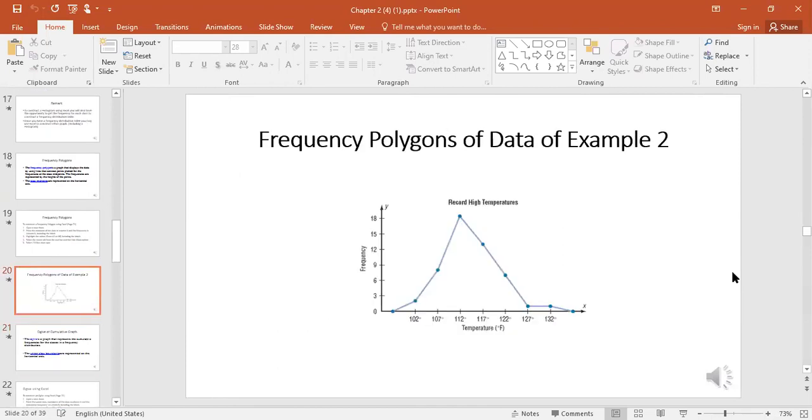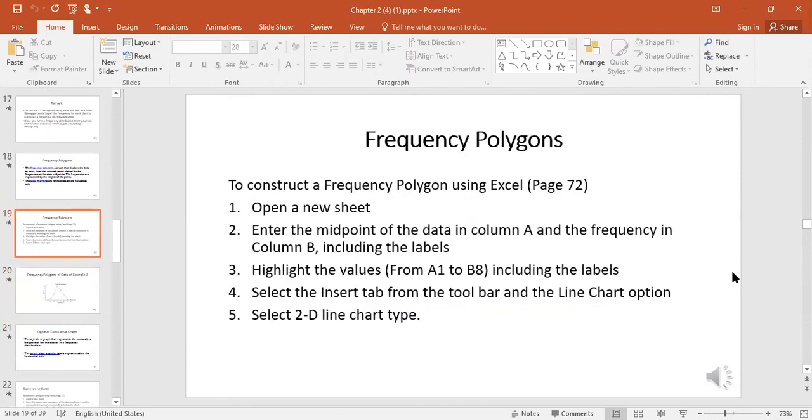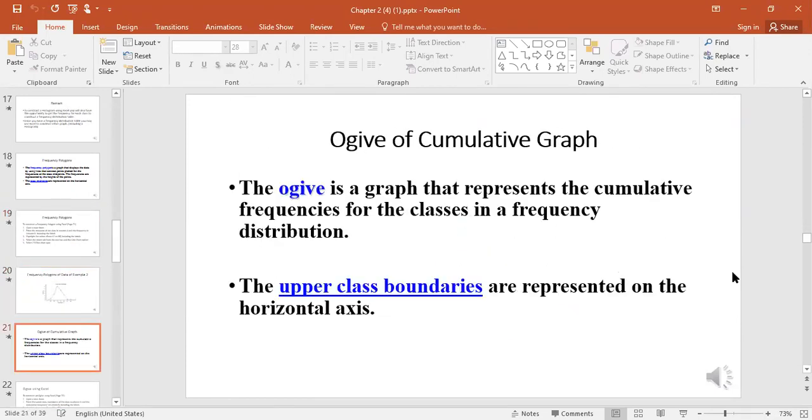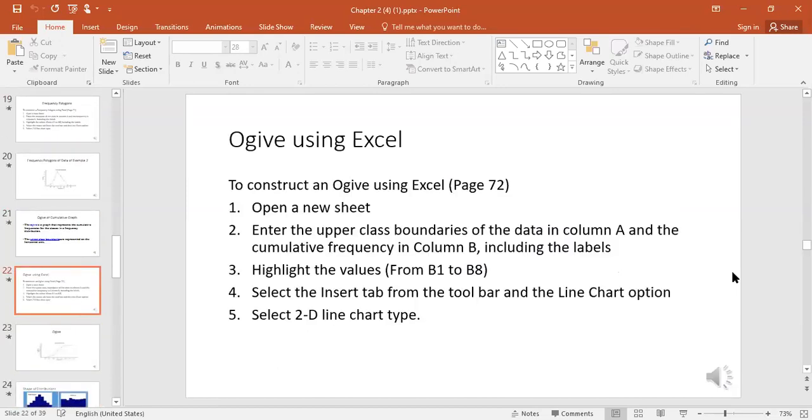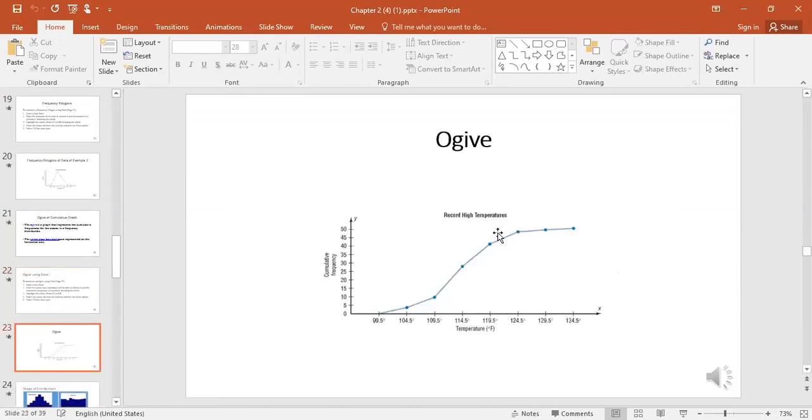So this is an example of an ogive. The ogive is a cumulative graph. So to make a cumulative graph, we are going to use the cumulative frequency. So let's go back to Excel.